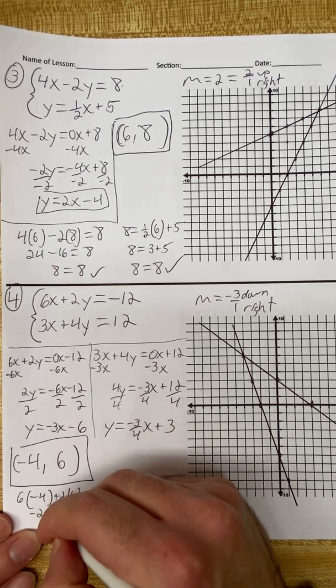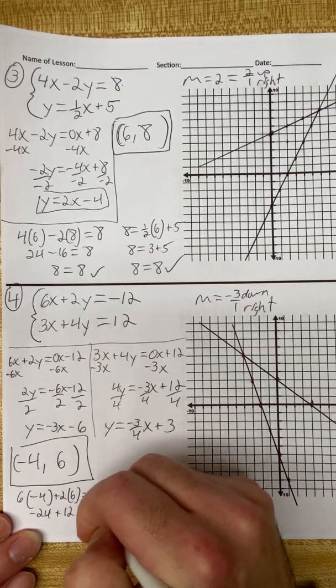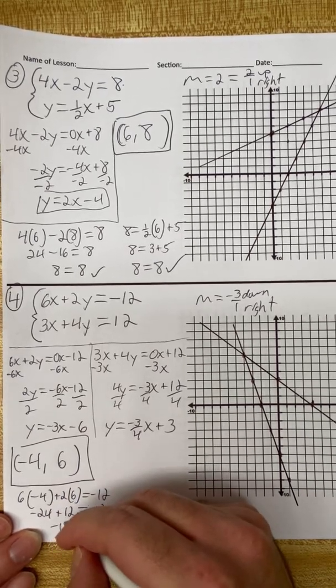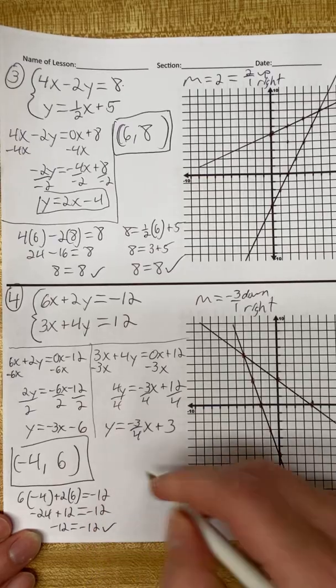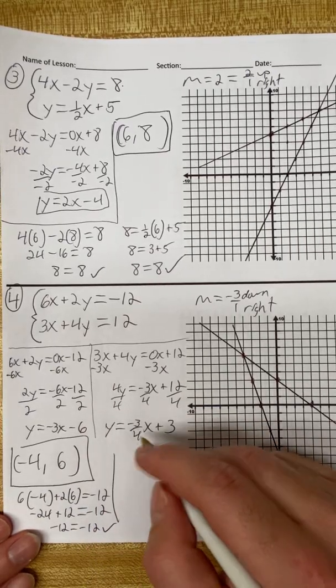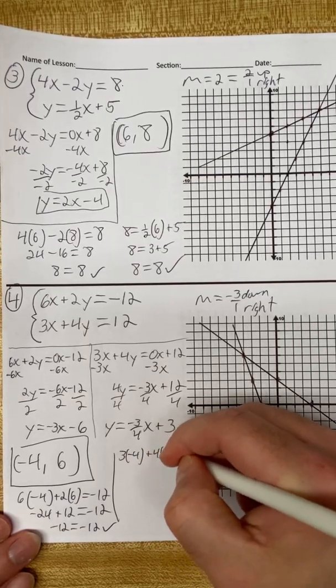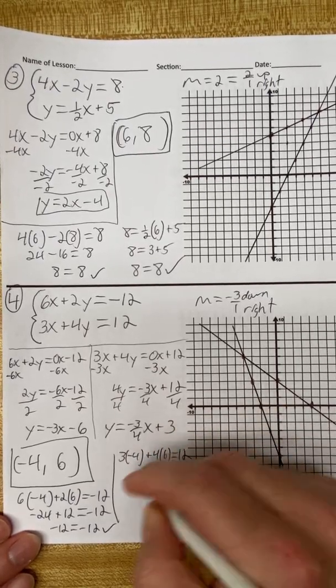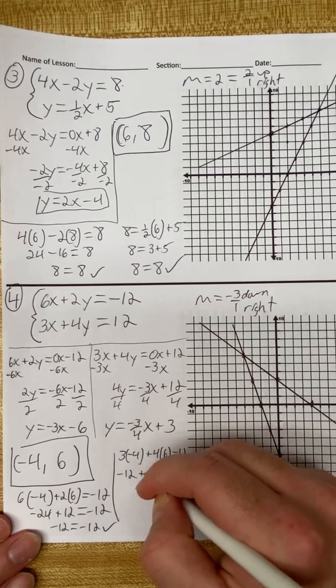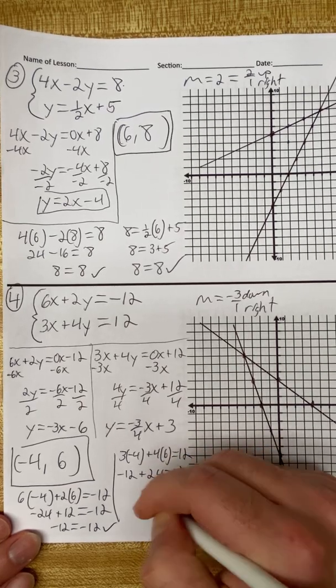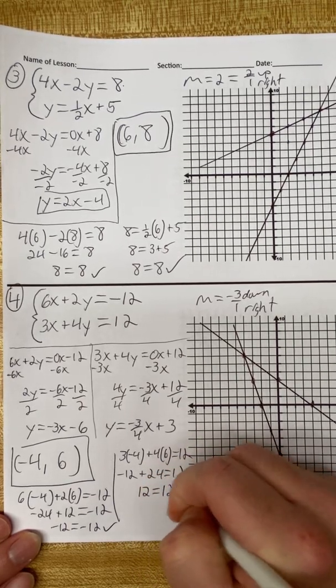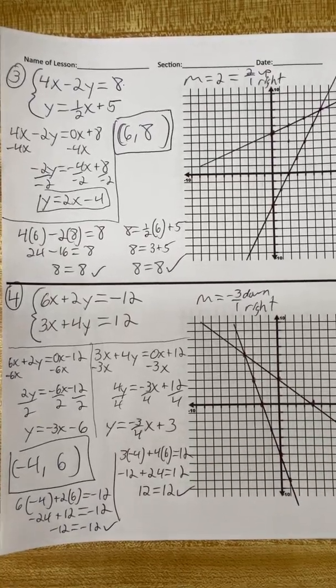So we're going to get negative 24 plus 12 equals negative 12. Negative 24 plus 12 is negative 12 equals negative 12. So that's good. And then my second one, we'll go 3 times negative 4 plus 4 times 6 equals 12. So we get negative 12 plus 24 equals 12. And you get 12 equals 12. So that's good too.